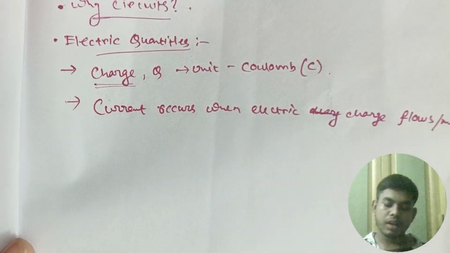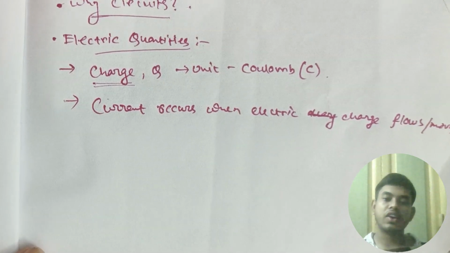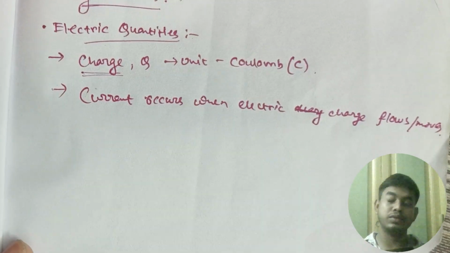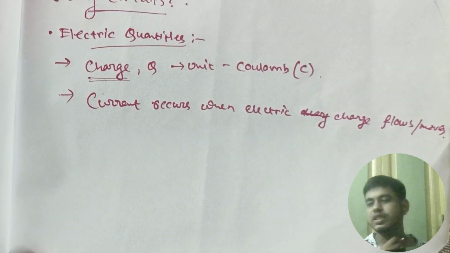So, how does current occur? Current occurs when electric charge flows or moves. The definition.